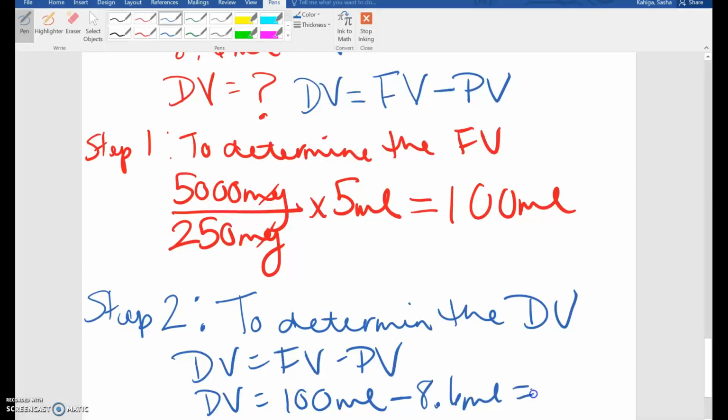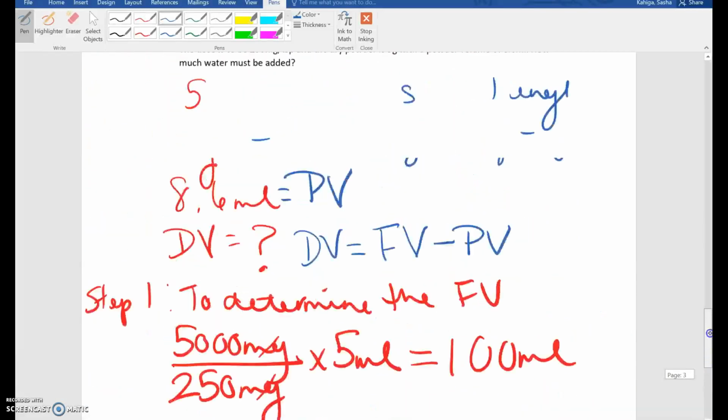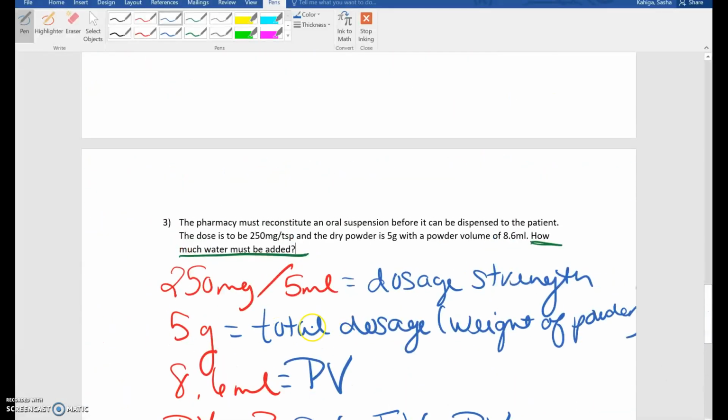If you subtract the two from one another, you get 91.4 milliliters of diluent, which is the water. So you're going to need 91.4 milliliters of water to be added to this 5 gram total dosage to give you a dosage strength of 250 milligram per 5 milliliter.